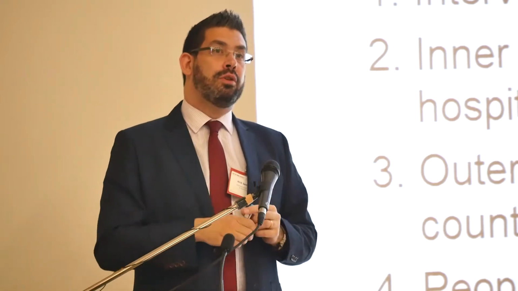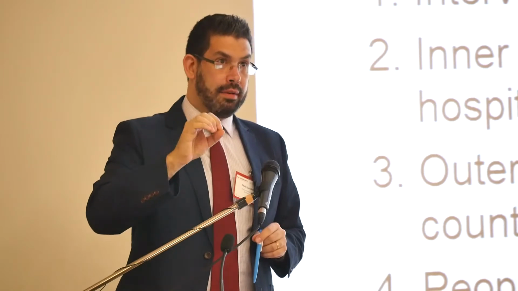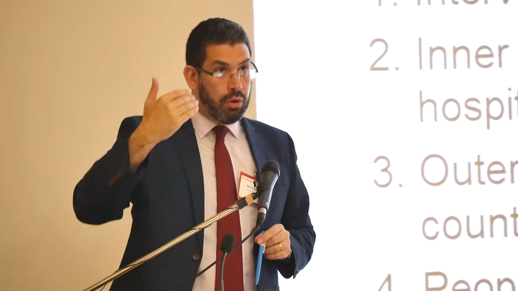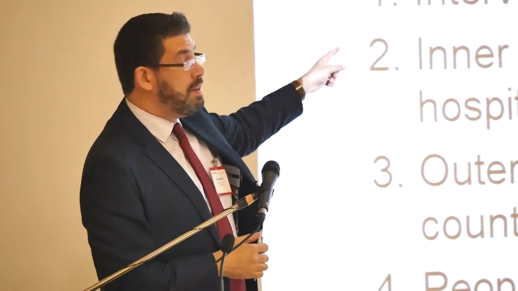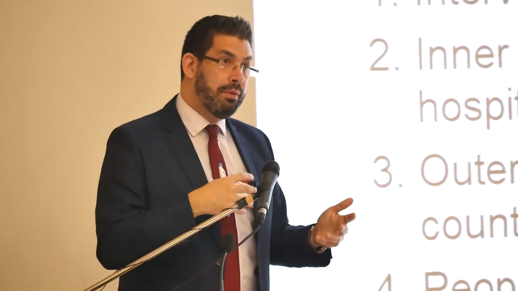And basically, it tells you when you put an intervention in place, there's 5 things you need to look at to determine whether it's going to succeed or fail. You've got to look at the characteristics of the intervention. How complex is it? How much evidence does it have behind it? Who's going to deliver it?